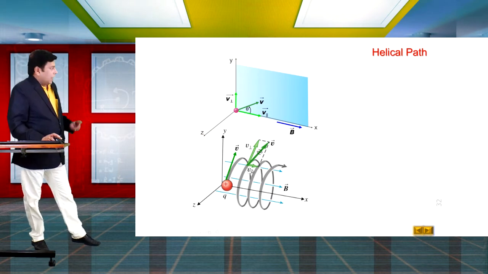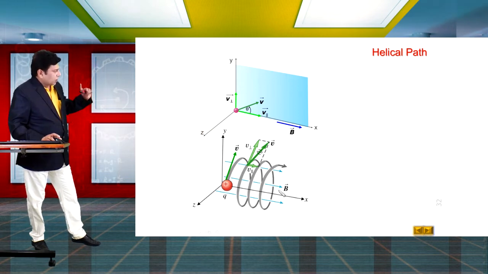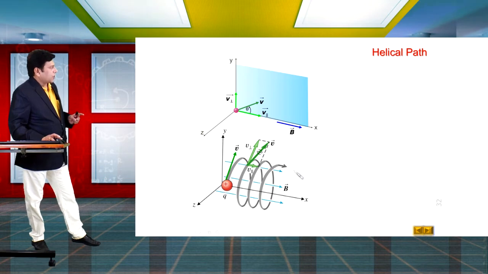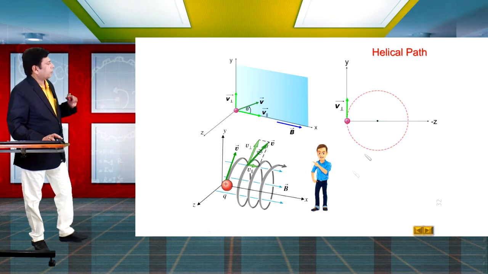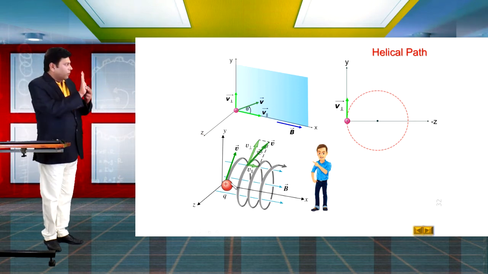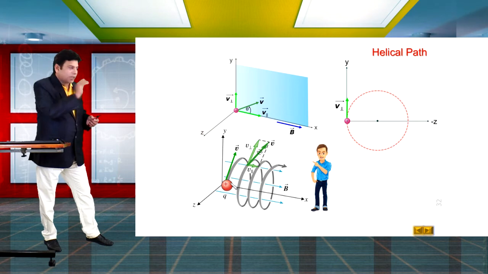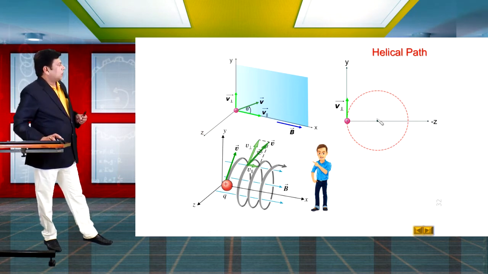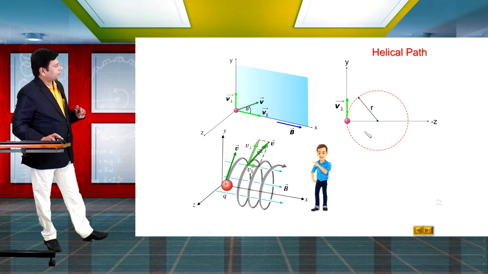If an observer is observing the motion of this helical path, you can observe the projection of this helical path on the y-z plane will be a circle, like this. The center of the circle will lie on the minus z axis. Why? Because by the right palm rule you have observed the direction of the force is along the minus z direction. So this is the radius of the circular path.